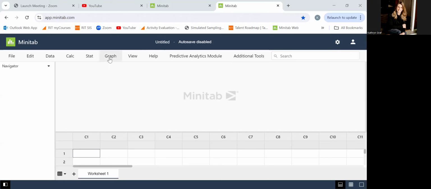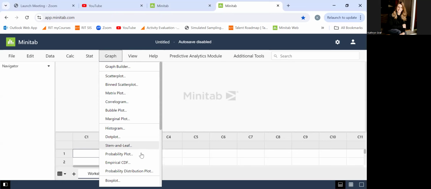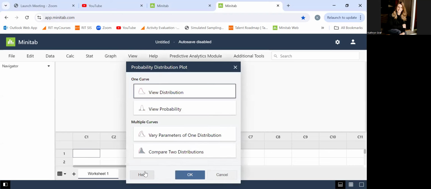So we will start by going to graph, and we'll go down to probability distribution plot. Then we're going to choose view probability. So this is the same for all the different ways.